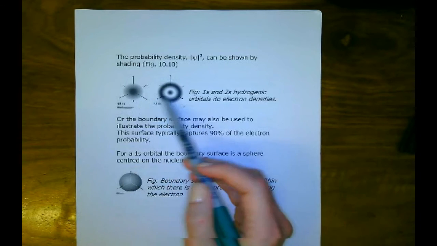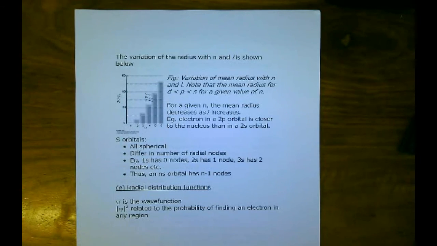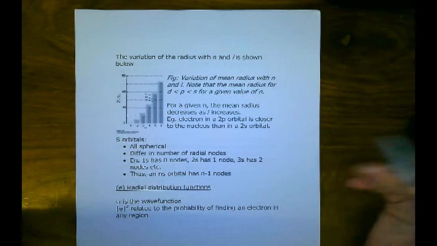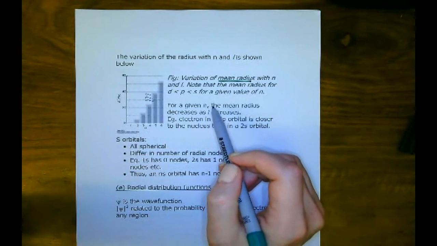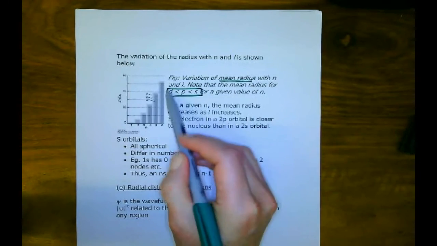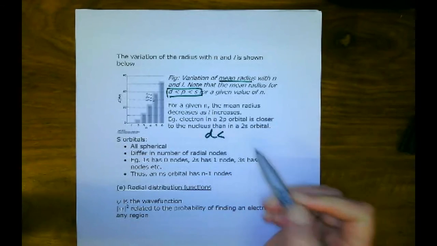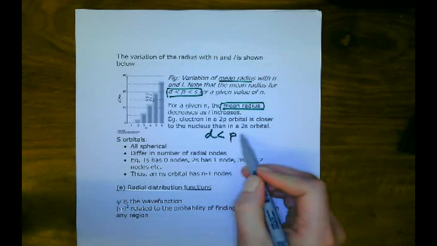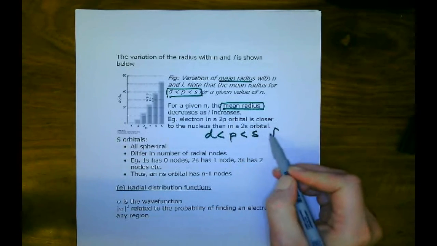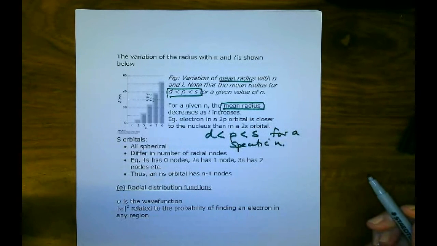These are representations that you are familiar with already. If one looks at the variation of the radius of these orbitals, that is the trend typically observed: a d orbital on average, and I talk about the mean radius, is smaller than a p orbital, which is smaller than an s orbital, for a specific value of n.